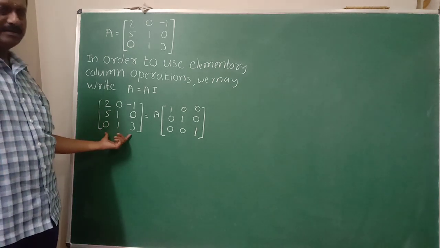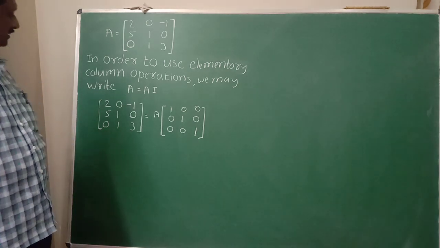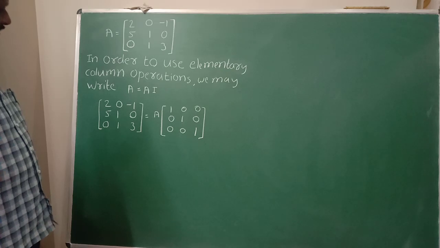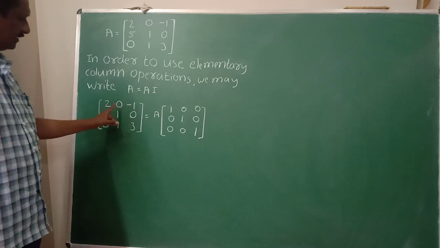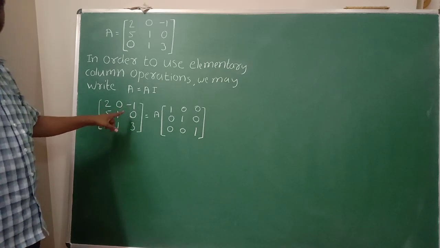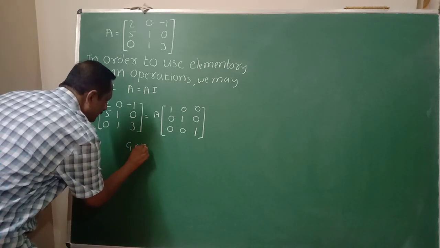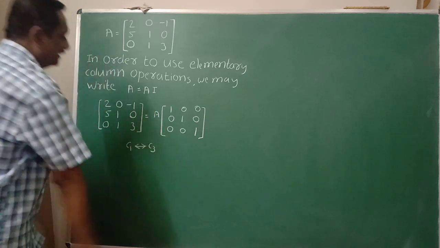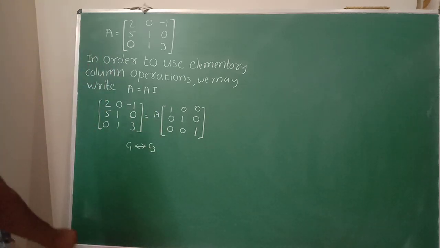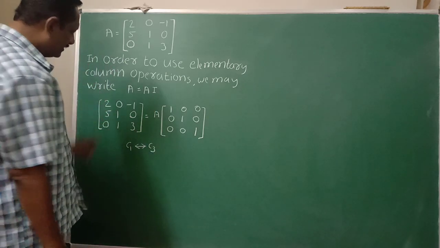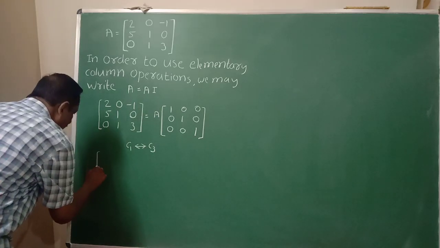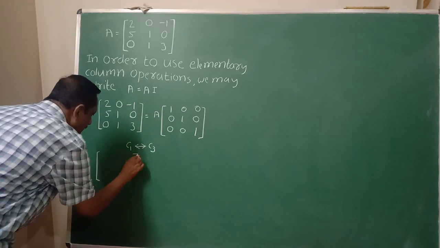Here we bring this matrix to the identity matrix. So in this case, interchange the first and third columns here. So C1 interchange with C3. Therefore, the second column we write as it is, on both the left hand side as well as the right hand side here.